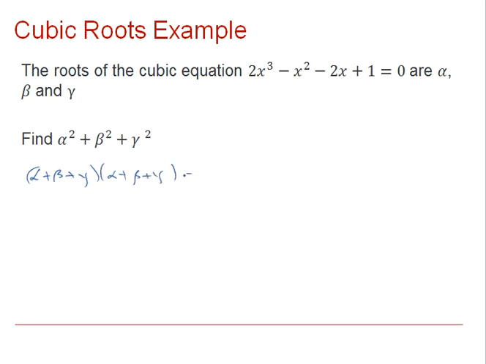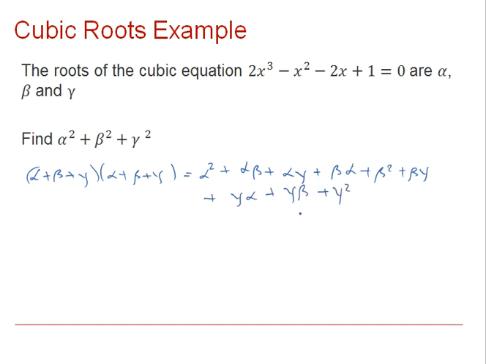you will, when you expand that, get alpha squared plus alpha beta plus alpha gamma, or gamma alpha, whichever way round you want to put it, plus beta alpha plus beta squared plus beta gamma, plus gamma alpha plus gamma beta or beta gamma plus gamma squared.